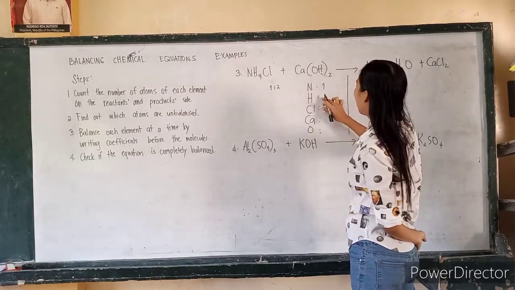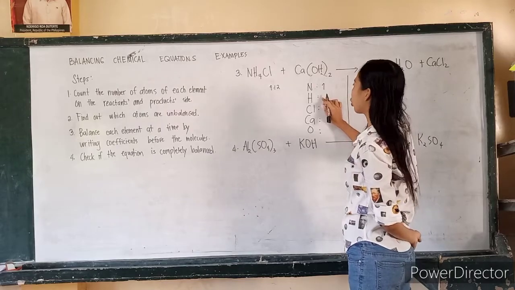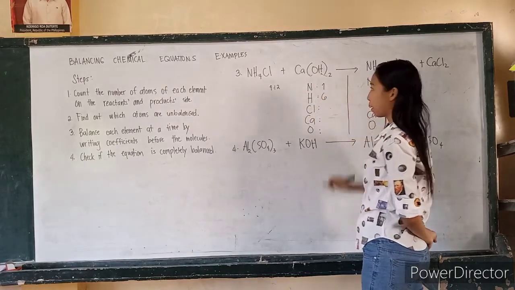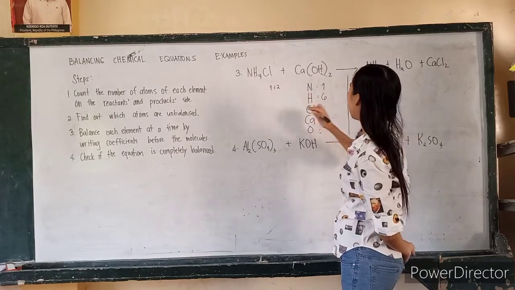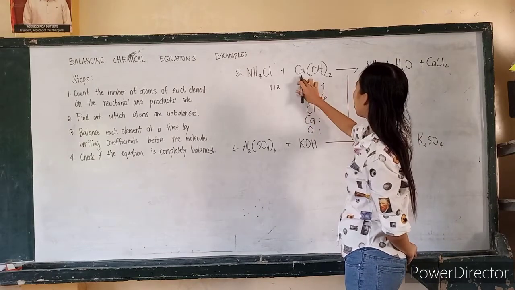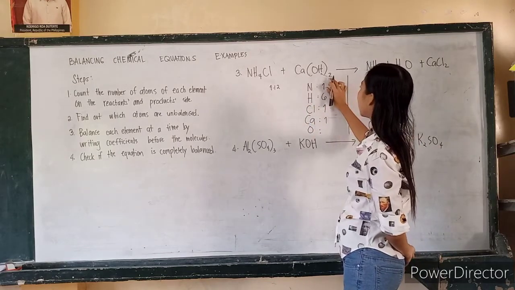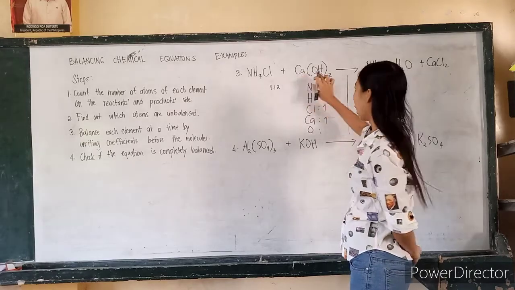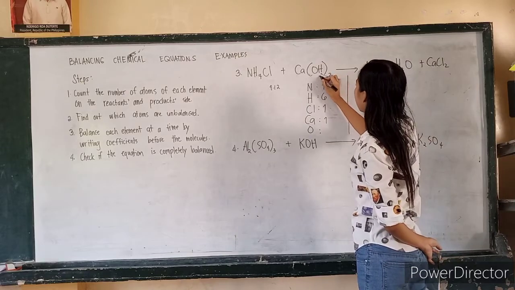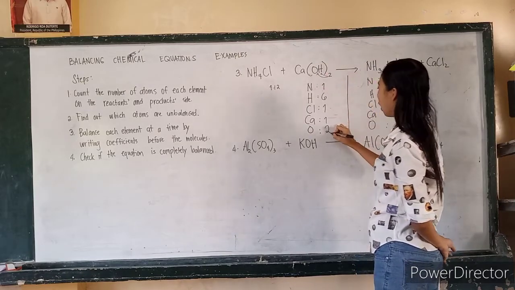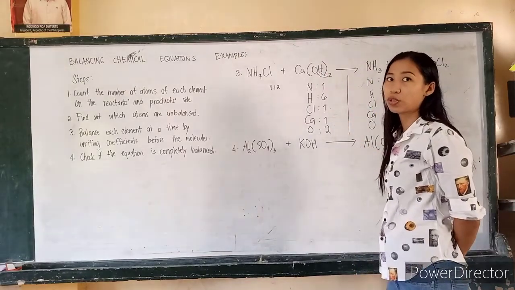Therefore, the total number of hydrogen atoms is 6. Unya Cl, pila si Cl, isa lang. Si calcium, isa lang. Again, dili ni siya i-distribute ang naa sa gawas. Ang naa lang sa sulod. So, O, naa kay 2 sa gawas, i-distribute, naa kay 2 ka O atoms.